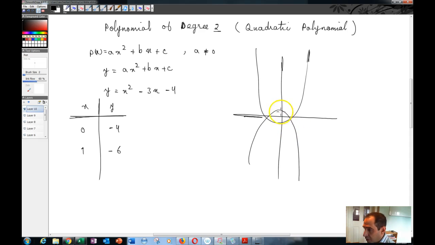Okay, but then in order to not have to try many points, you need to somehow find this peak or this trough, and then try some points around that point, and that way you get the symmetry and everything related to that function. Then you will be able to draw it.